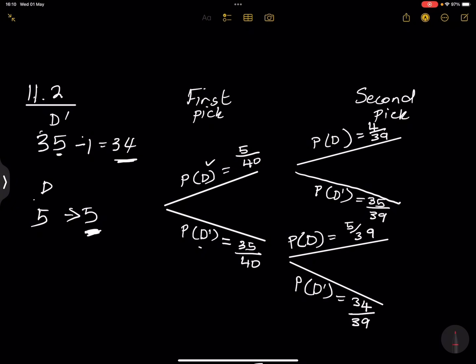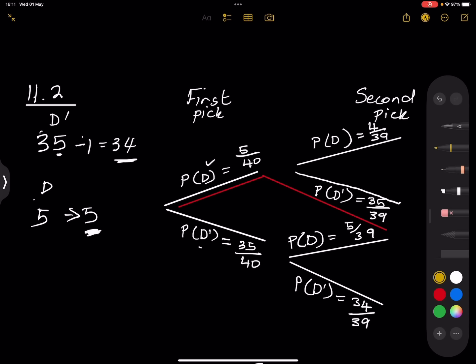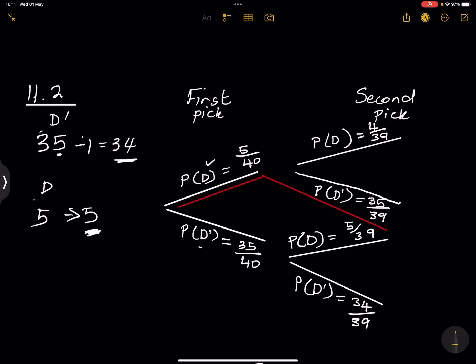And how is that? If I choose a defective in the first pick, then I would choose a not defective in the second pick, right? So that's the first path. And then what's another permutation, right? It's choosing a not defective in my first pick and thereafter choosing a defective one in my second pick.